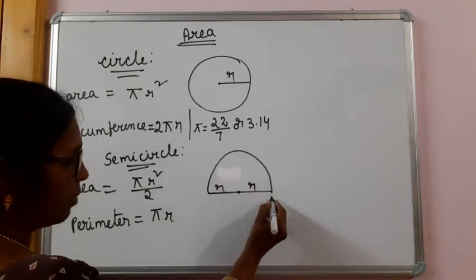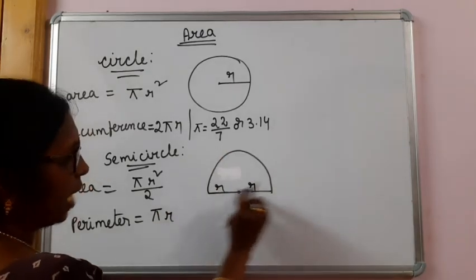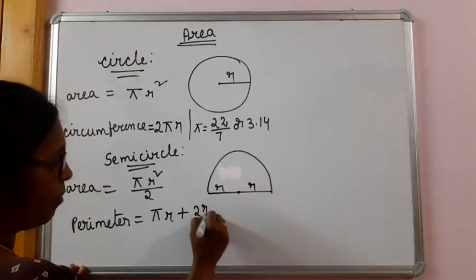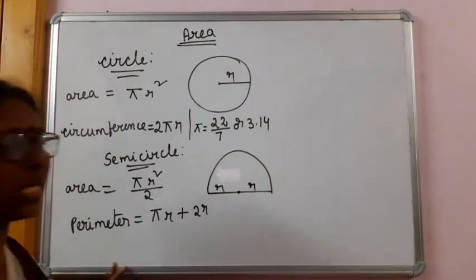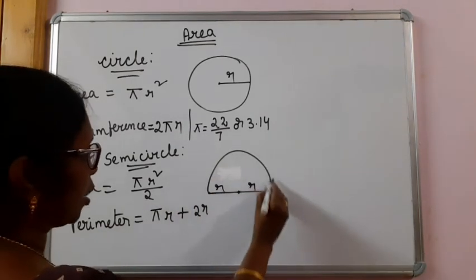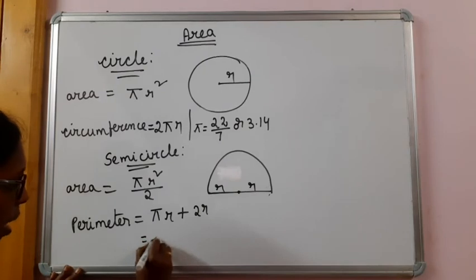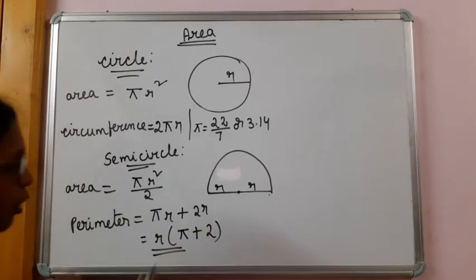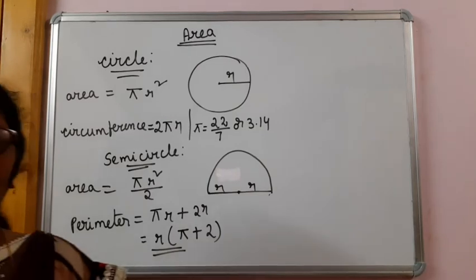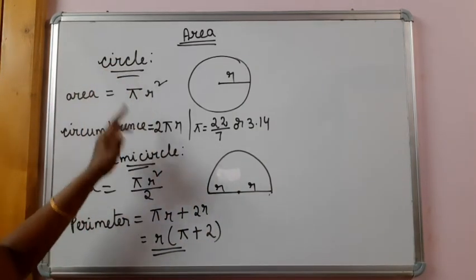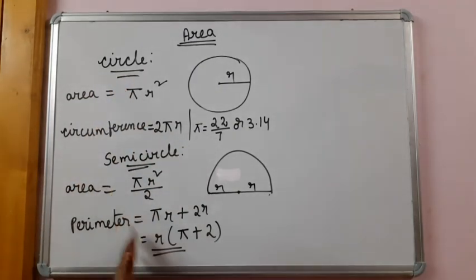This is the half curve. Along with this, the diameter is also there, which is equal to 2 radius. This is one radius, this is another radius. So the perimeter of a semicircle is pi r plus 2r. If you take r common, you will get r into pi plus 2. So this is how to find the area and circumference of a circle and the area and perimeter of a semicircle.